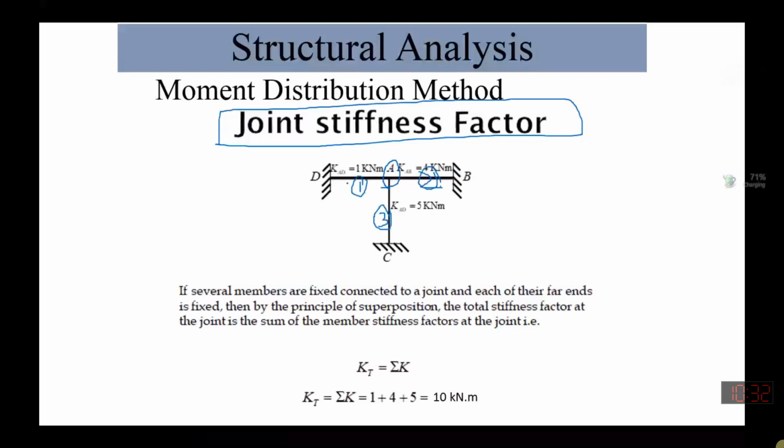If I say here the K value for the joint A, it will be equal to 1 plus 4 plus 5. So the total stiffness of the joint will be equal to 10 kilonewton meter. Is it clear to you or not, class?